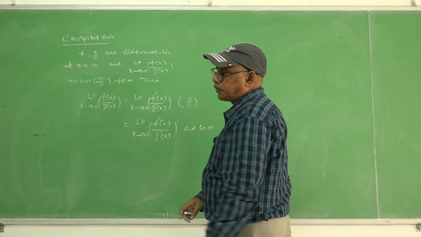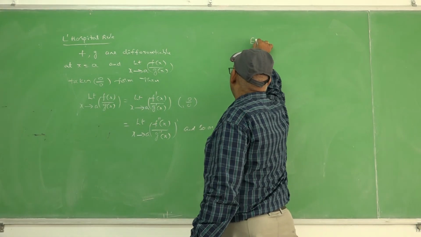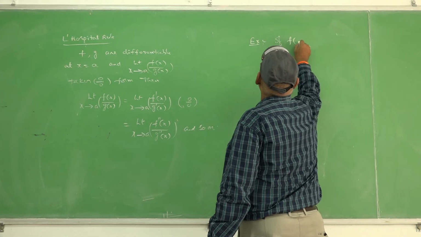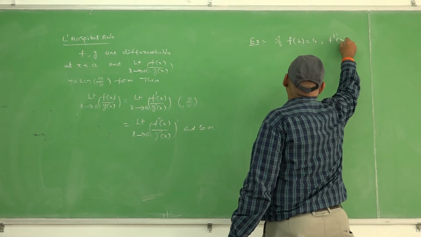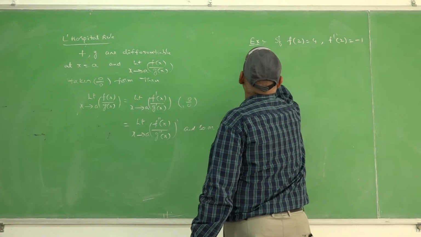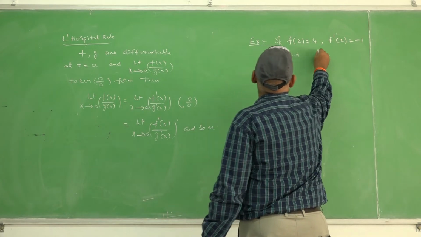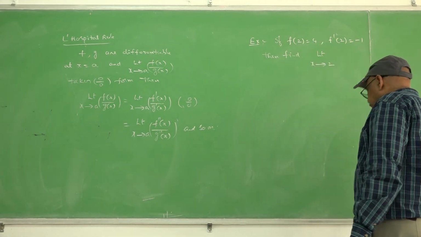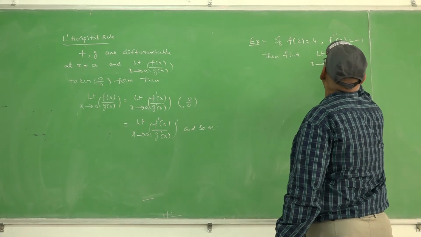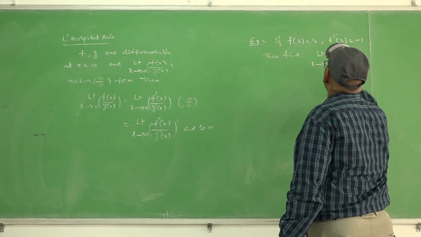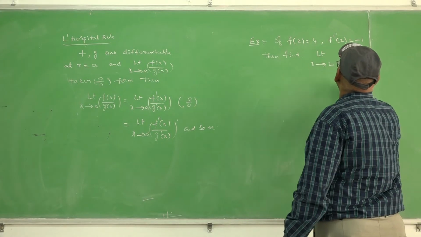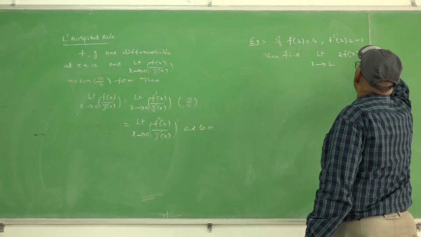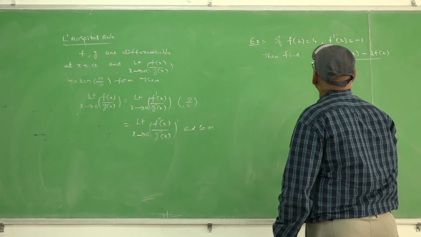Now I will explain this L'Hospital's rule through an example. One example: if f of 2 equal to 4 and f dash of 2 equal to minus 1, then find the limit as x goes to 2 of f x minus x f of 2 by x minus 2.